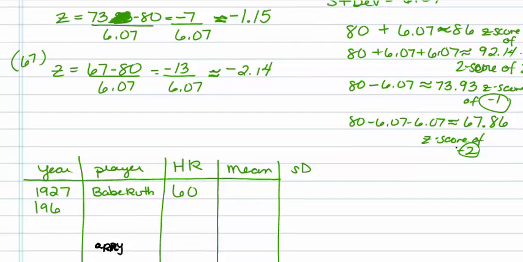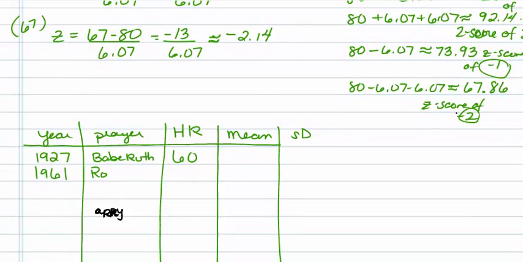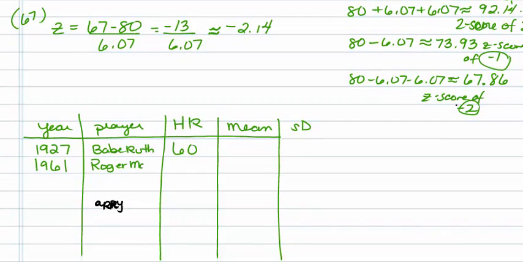In 1961, Roger Maris hit 61 home runs. In 1998, Mark McGwire hit 70 home runs. Barry Bonds in 2001.